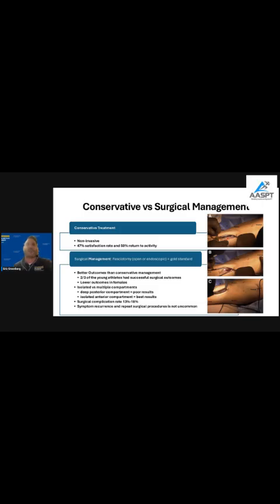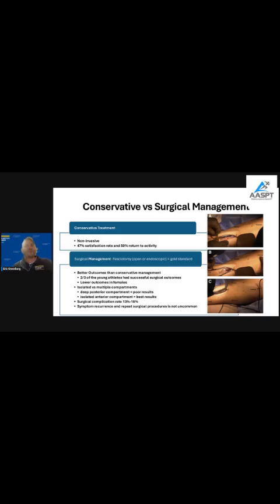But unfortunately, there are lower outcomes in females, and if you recall, this patient is a 13-year-old female. And furthermore, when multiple compartments are involved, the outcomes tend to decrease, especially when the compartment involved is outside the anterior compartment. So that deep posterior compartment really doesn't perform well conservatively or surgically at this point.